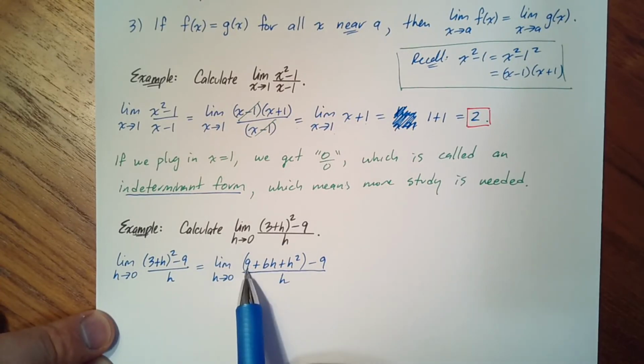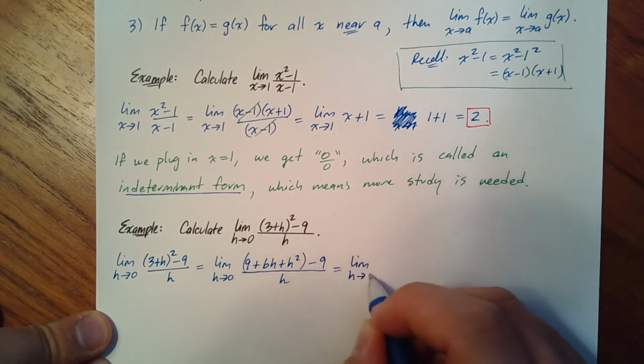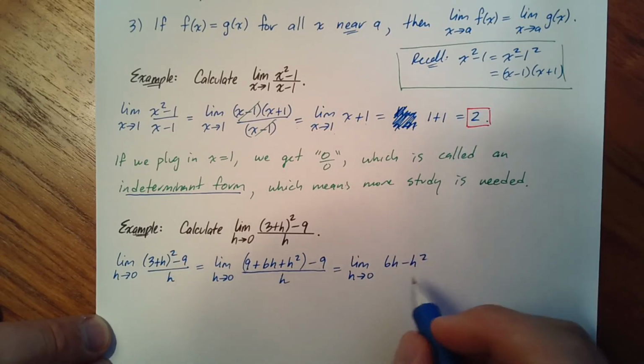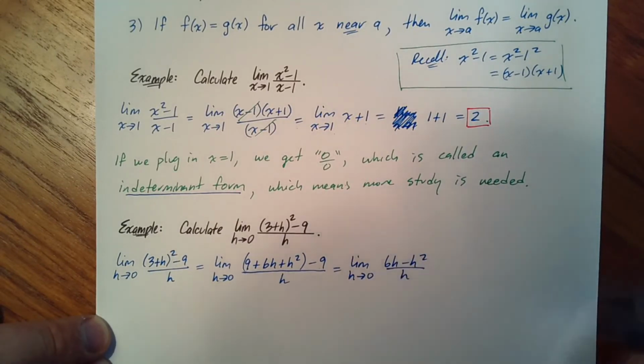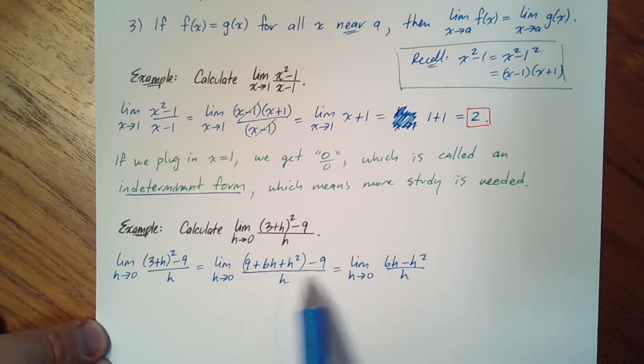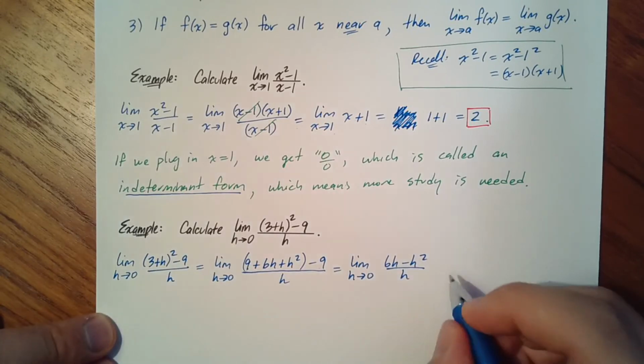Oh, hey, here's a positive 9 and a negative 9. They're going to cancel out perfectly, and we're going to get the limit as h goes to 0 of 6h plus h squared all over h. And now that we've combined everything, we could even factor again, because the numerator has a common factor of h.